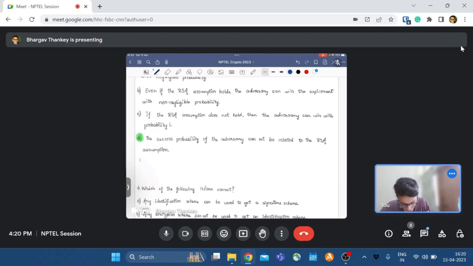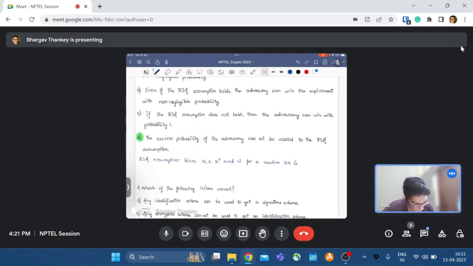So here's the RSA assumption. Given N, e, and x to the e mod n, for a random x in the group, finding an eth root of x^e is hard.